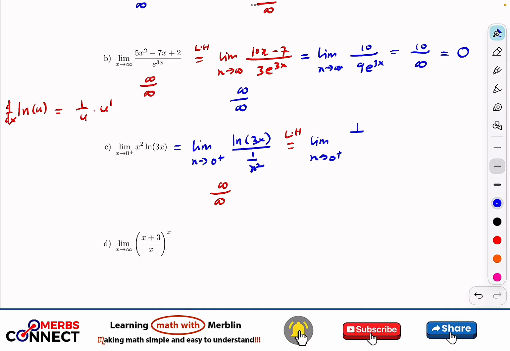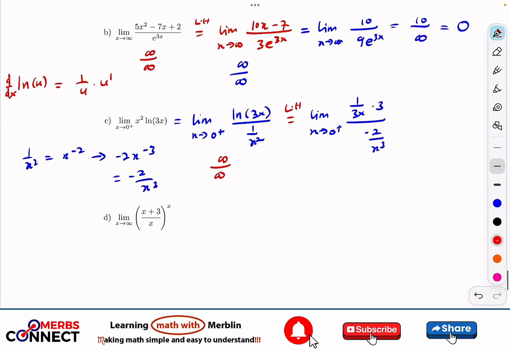The top will be 1 divided by 3x times 3, divided by, now when I'm differentiating 1 over x squared, I'm thinking of x to the power minus 2. So differentiating this gives me minus 2x to the power minus 3. Rewriting it back, this is minus 2 divided by x to the power 3.